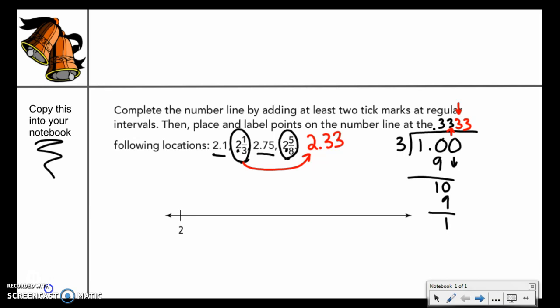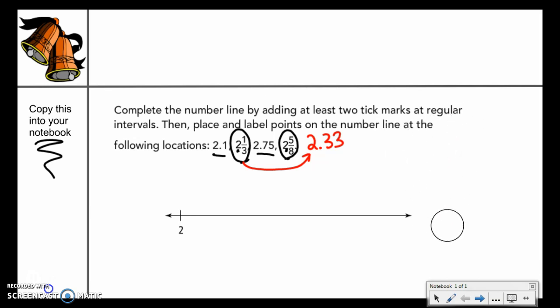Let's figure out how to turn 5/8 into a decimal. Okay, again, keep your 2 as it is. So we're going to write this one in blue. All right, we know our 8 is our divisor. And we know that the numerator is going to be the dividend. Okay?